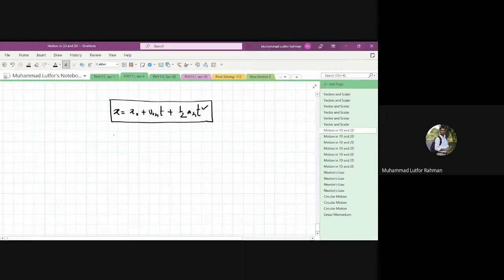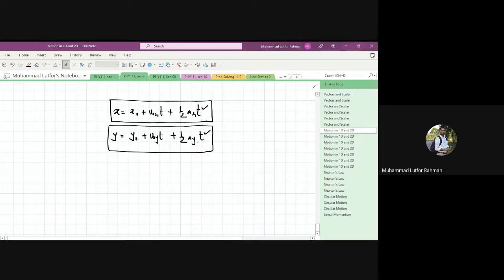In the two-dimensional case, we'll write this equation in the vertical direction. That would be y equals y naught plus v naught y t plus half of a y t squared. So that would be the motion in the vertical direction. We'll use these two equations to explain two-dimensional motion.